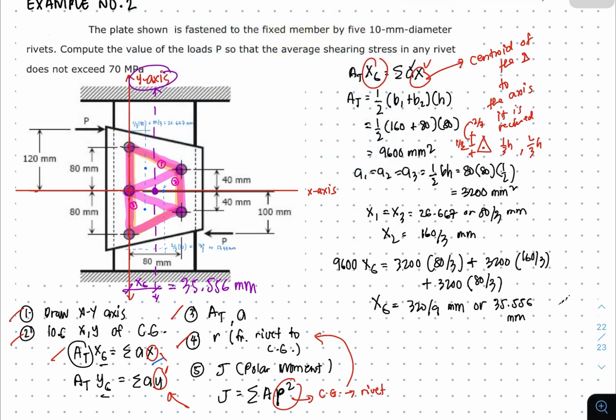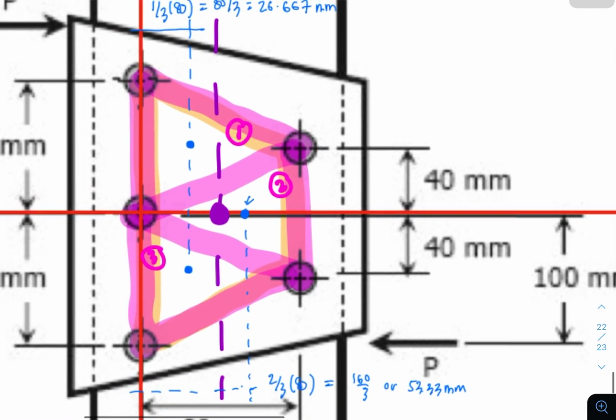Step 4 is simply this one, r, that is from the rivet to the center of gravity. So here, this is our center of gravity. For R1, since this rivet and this rivet are located 80 mm above and below our x-axis respectively, we can simply say that this is our R1.